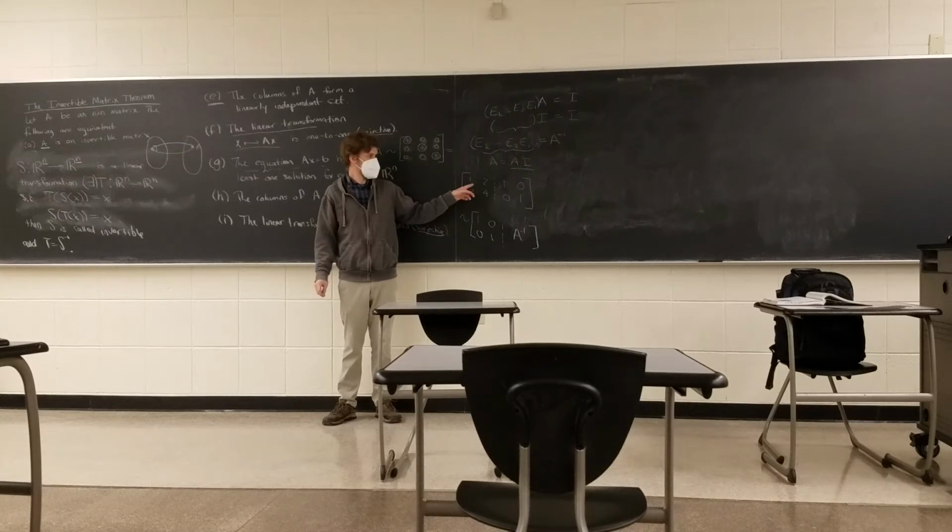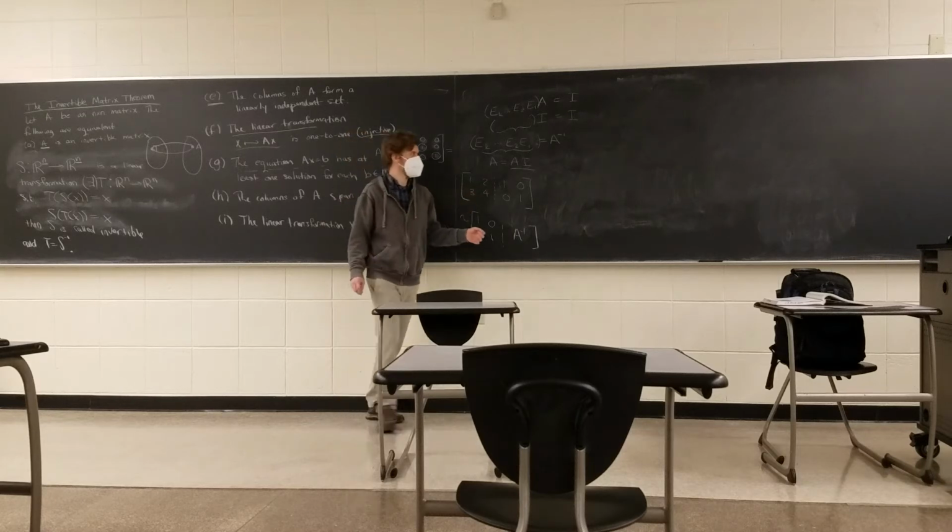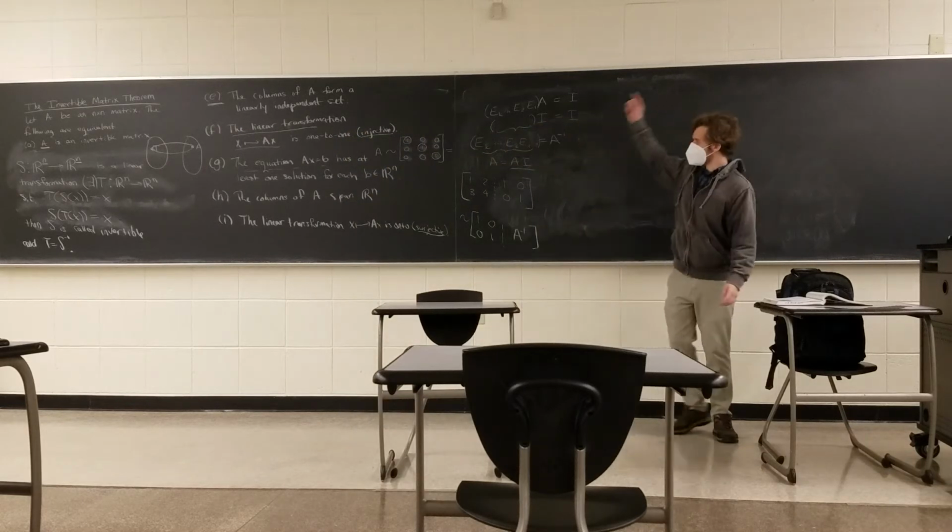But there's a special number that we can compute for this matrix that tells us if it's invertible or not. Do you remember what that is? So we're going to go on to that.